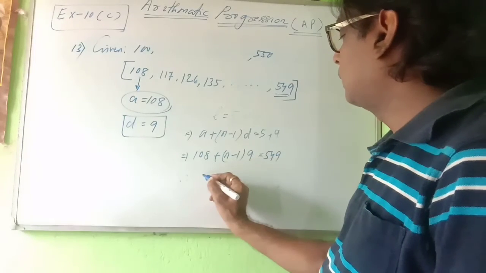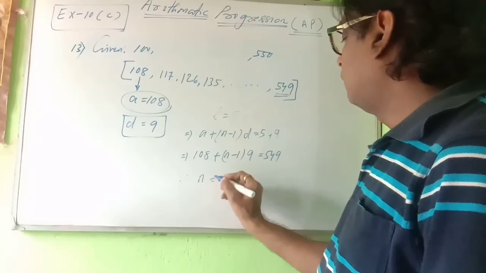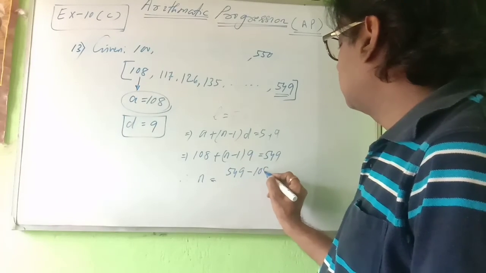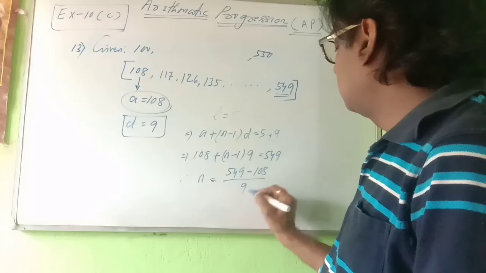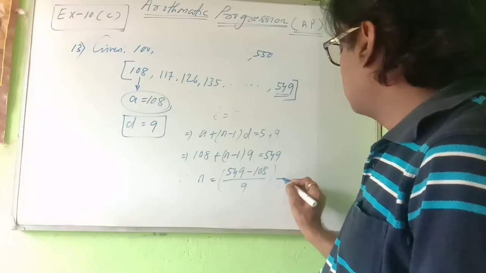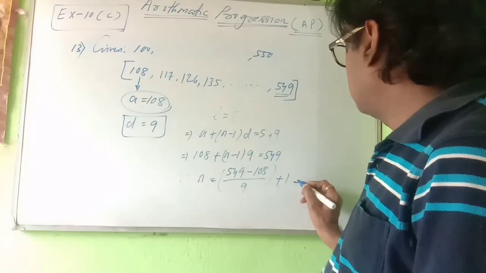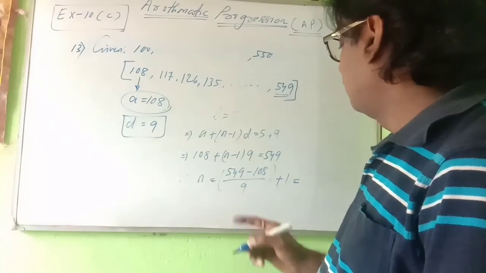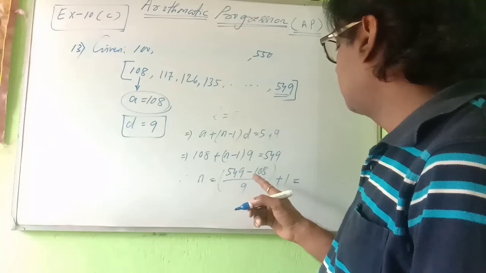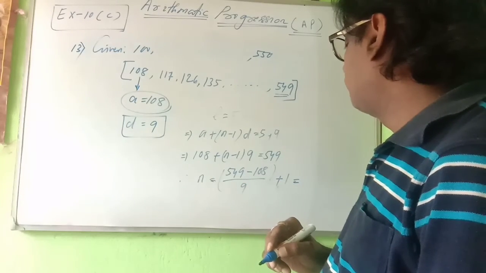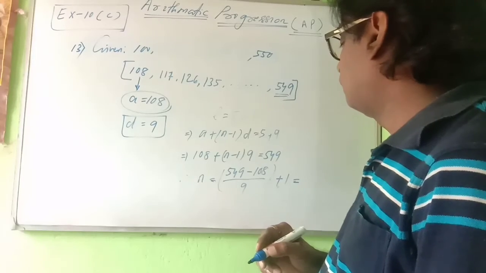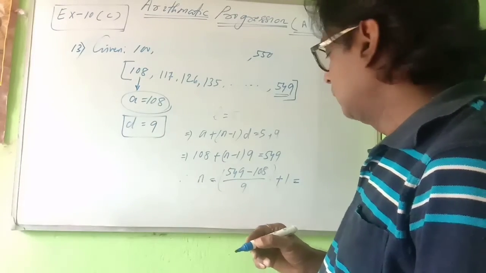Next, you have to find n. How do you find n? First subtract 549 minus 108, divided by 9, and to the result you add 1. First, 549 minus 108 is 441, divided by 9.